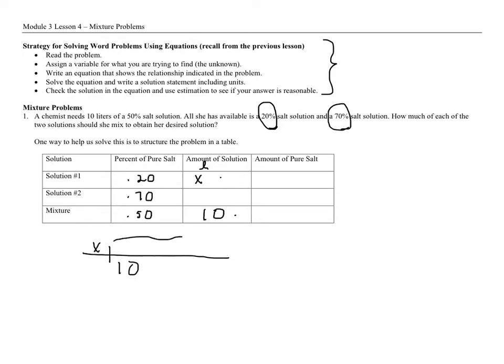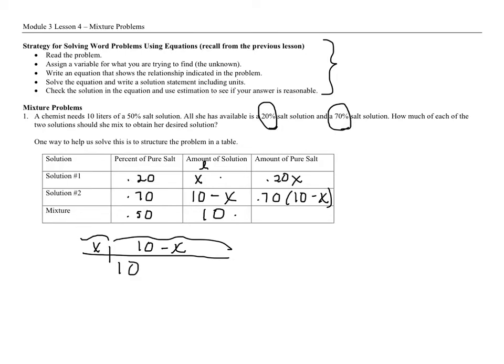So the rest of it would be 10 take away x, because when you add these two things up, you'll get 10. The amount of pure salt will be, just multiply these together, 0.20x. Multiply these together, and make sure you put the 10 minus x in parentheses, because eventually we'll distribute.